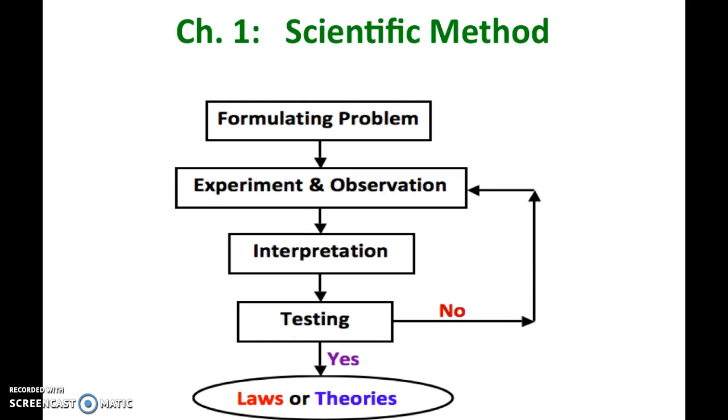Make a new interpretation and test again. Iteratively repeating this process until the testing gets a positive result. At this point, you may have successfully developed a new theory or a law. It depends on how big the problem is.